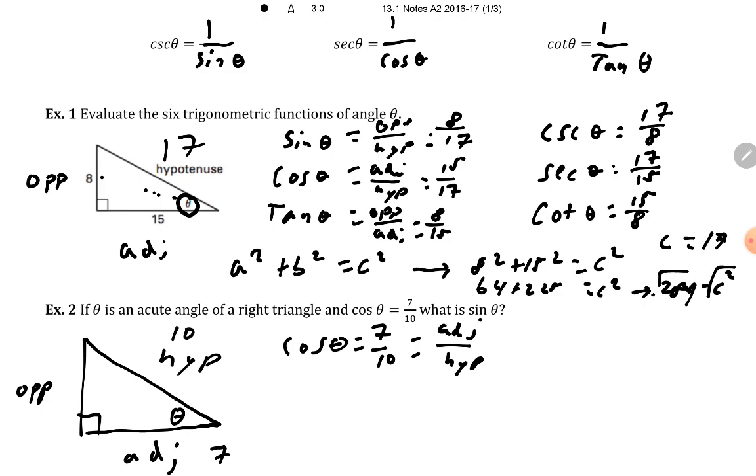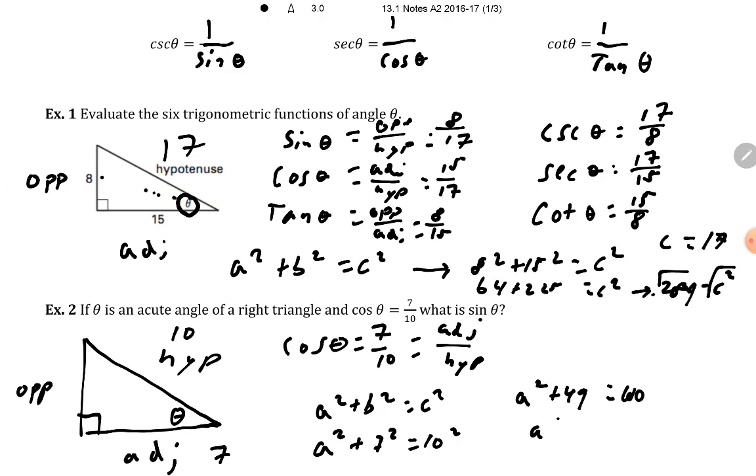So we need to find the length of the opposite side, and we're just going to use a squared plus b squared equals c squared. Remember, our c value is our hypotenuse, so I'm going to have a squared plus 7 squared equals 10 squared. So a squared plus 49 is 100. We're going to subtract 49 over, and we'll get a squared equals 51.